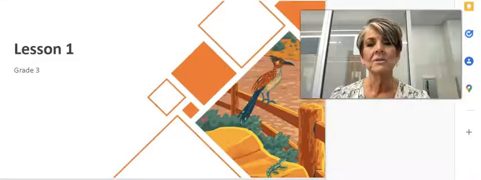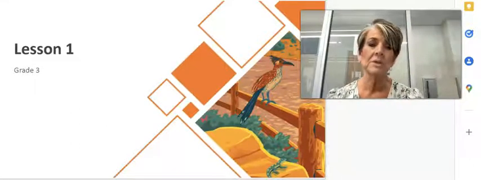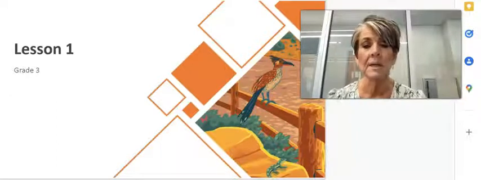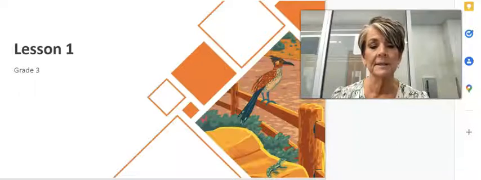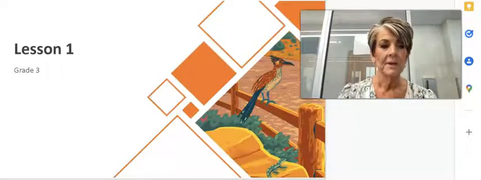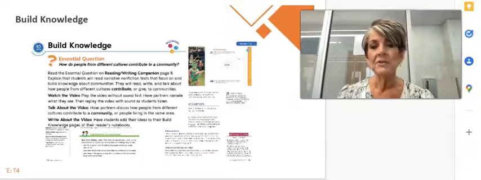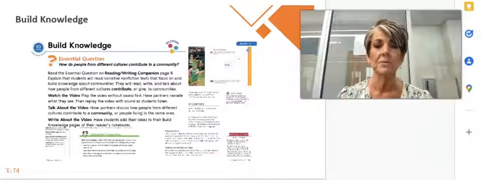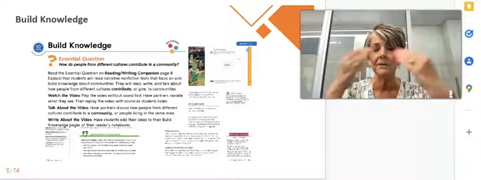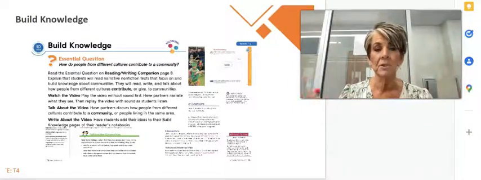So let's just start with lesson 1, which would be also like a day 1, and that's the way it's done in your teacher textbook. Everything is labeled by lesson. So here we go. The very first thing that you need to remember is the first item that you will do and students will do is this whole thing around their theme or their essential question.